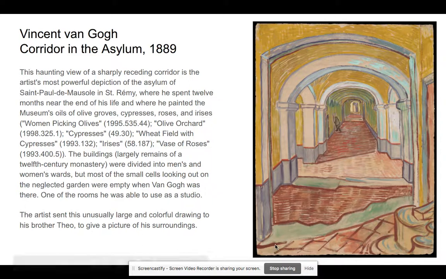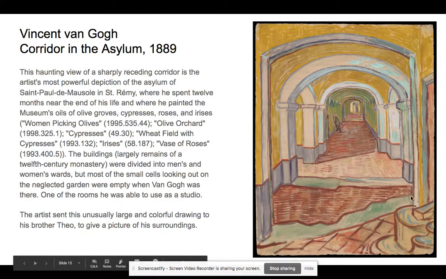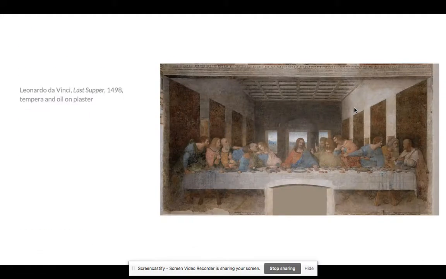But we see the use of 1 point perspective, right? We have this vanishing point down here. We see it in Da Vinci's The Last Supper. All of these orthogonal lines here and here go to a vanishing point right at Jesus's head, basically.